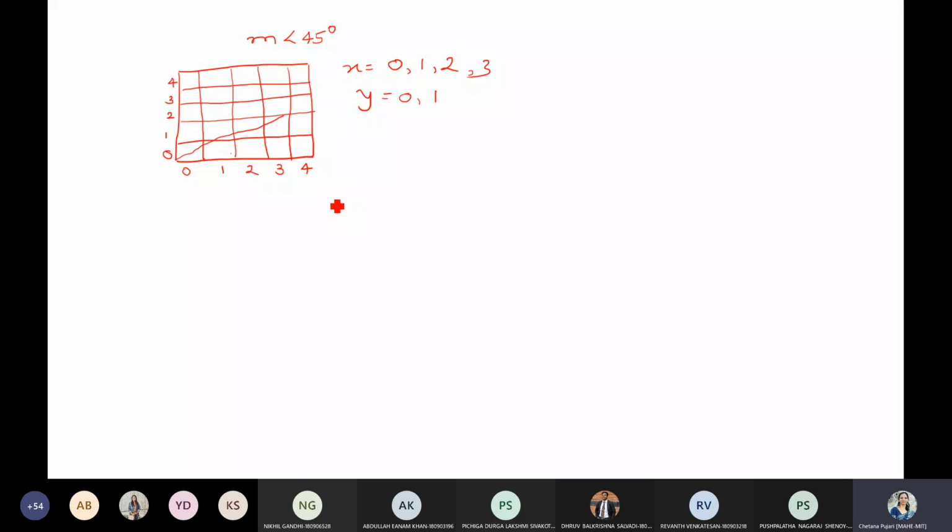So in DDA, you can see whatever line you are drawing, right? So this line, here actually it shows like there is a gap.